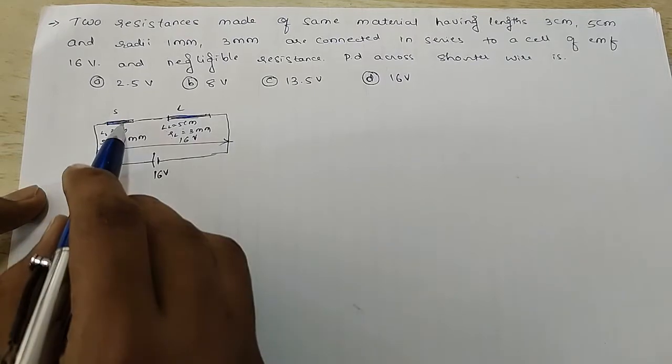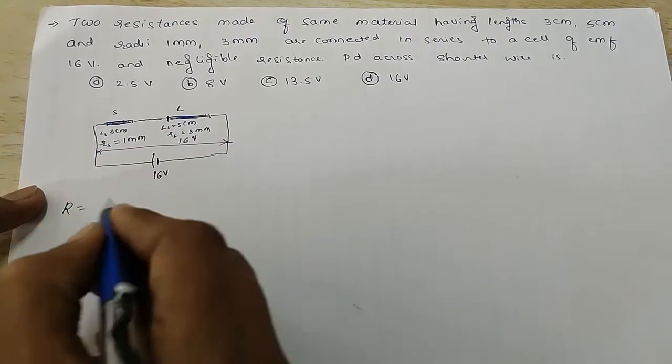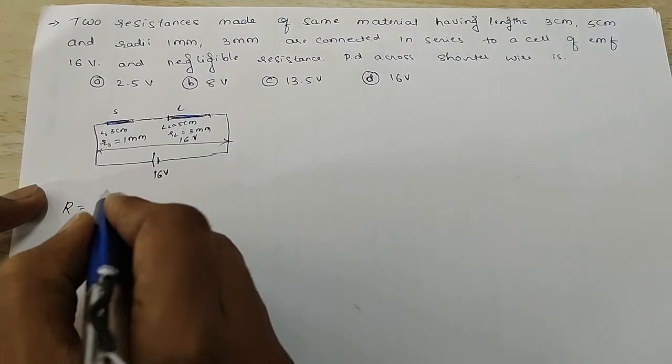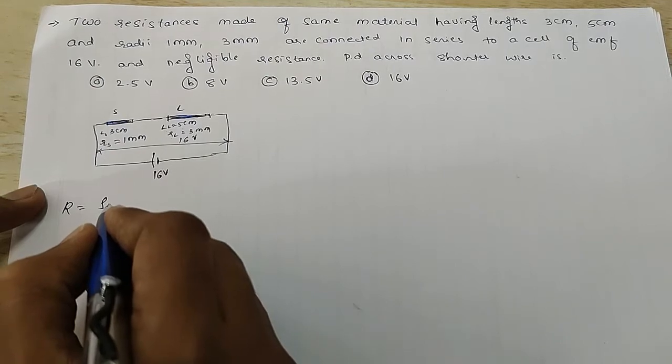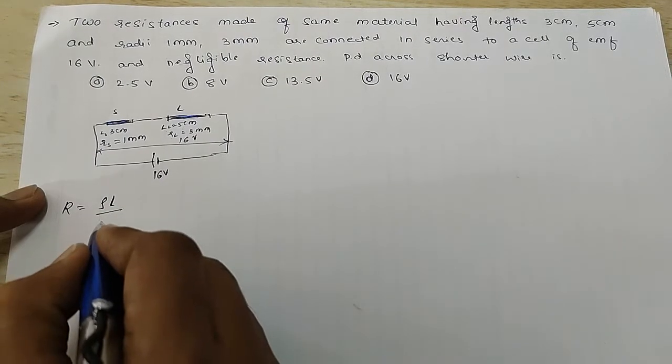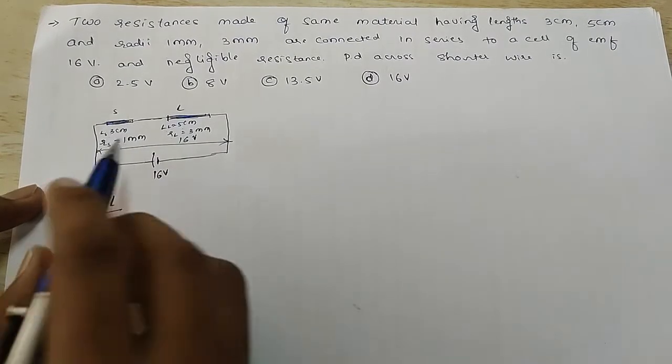Resistance. The material of the wires is the same, so resistance can be written as R equals rho L divided by area, in terms of resistivity. Instead of writing area, I will write pi r square, because radius and length are given.